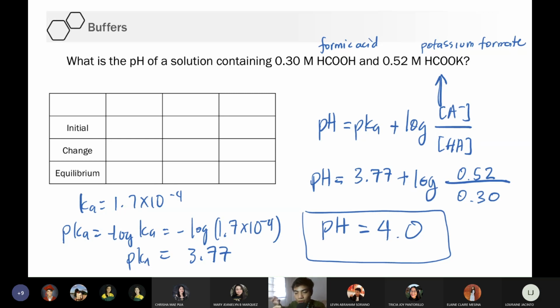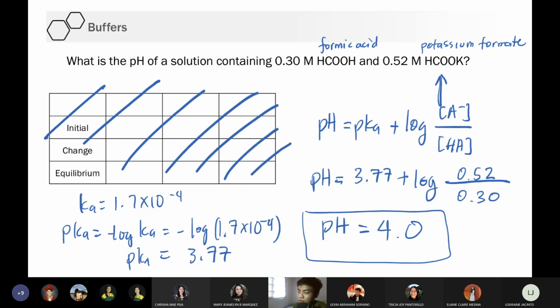So pag pinagsama mo yon, yung pH niya exactly 4. Okay? So ganun ginagawa dyan. So ganun lang calculation. No more ice table na pag buffer. Although pwede rin naman, pero hindi na necessary. Okay? So ganun lang.